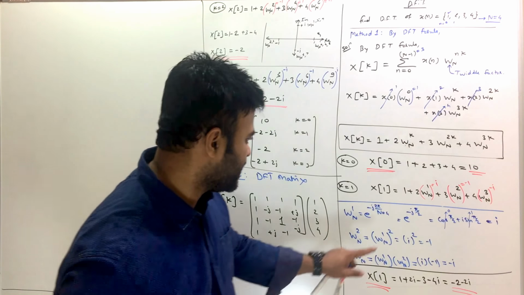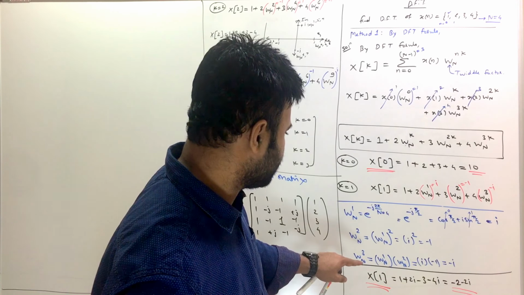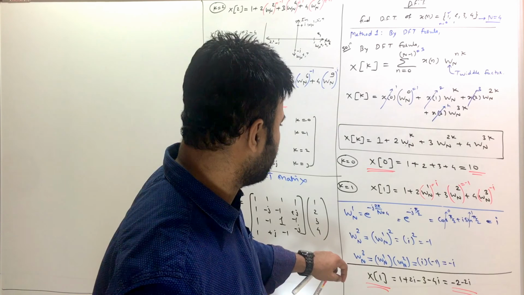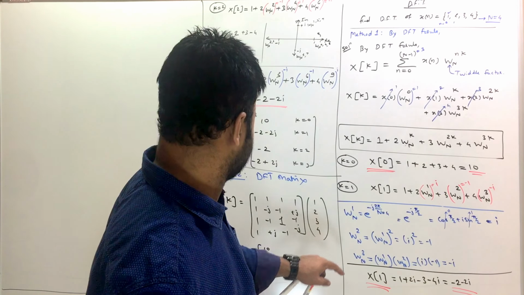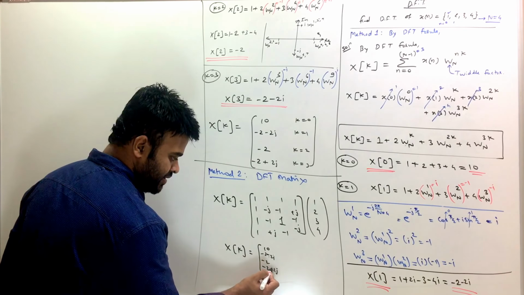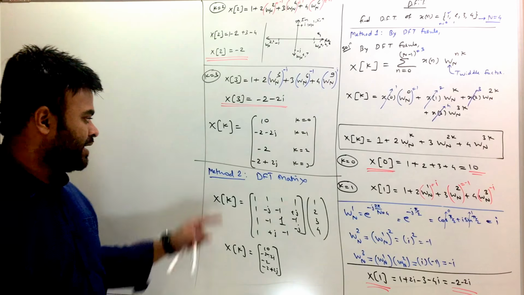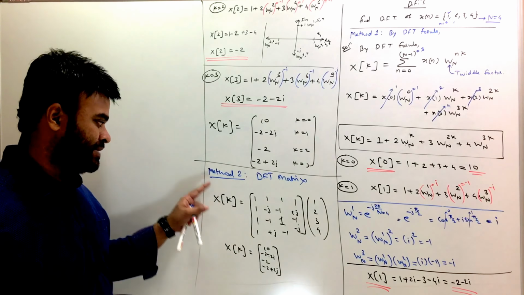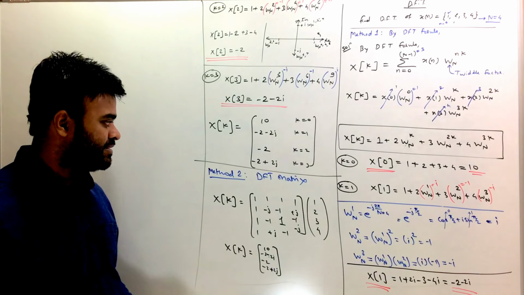I think that's minus 2 plus 2j. Is that minus 2 plus 2j? wn raised to 1 is j. Okay, fair enough. Minus 2, minus 2j, and minus 2 plus 2j. That's all good, all correct. So I've got method 2, which is by using the DFT matrix. I got the answer. Okay, so that's the method.